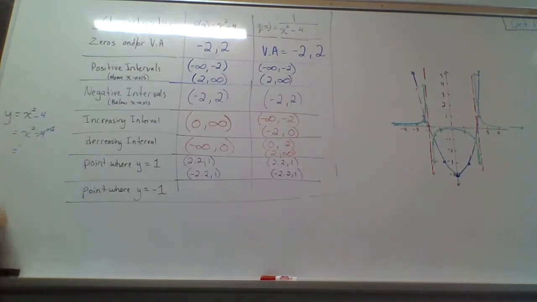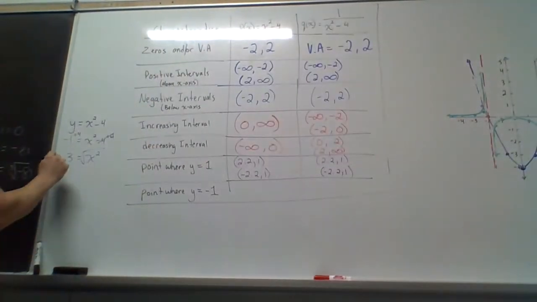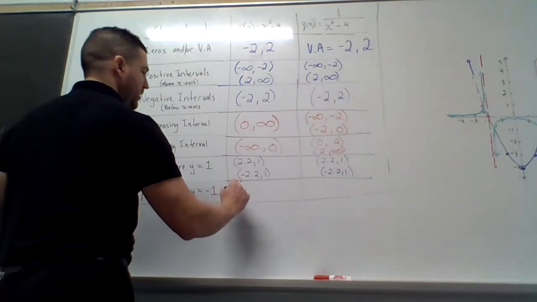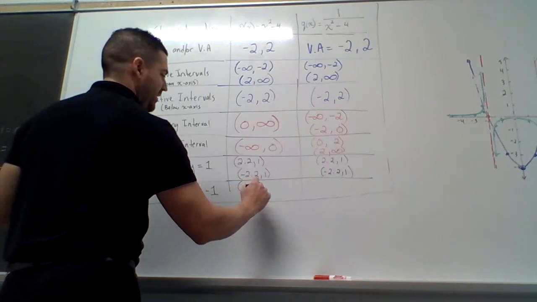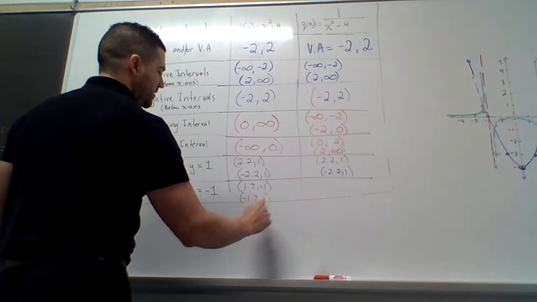Still add 4, so negative 1 plus 4 is positive 3. Square root, and the square root of 3 is 1.7, plus or minus, because we square rooted. So it's going to be 1.7 and negative 1, and negative 1.7 and negative 1.